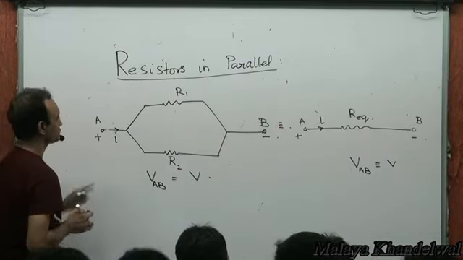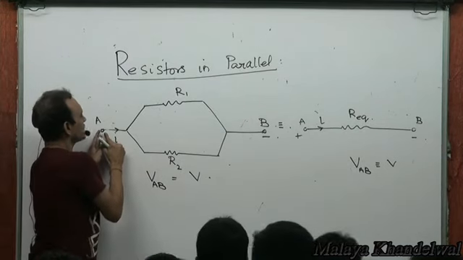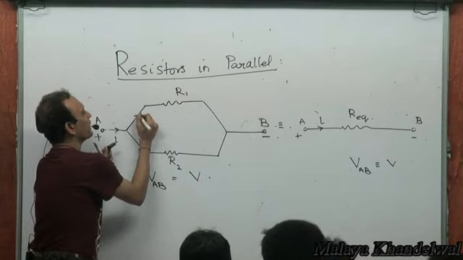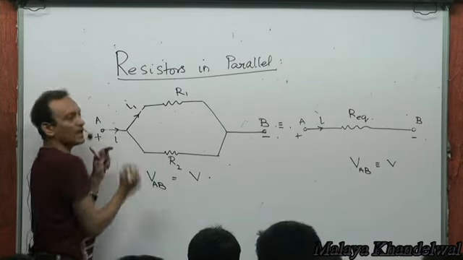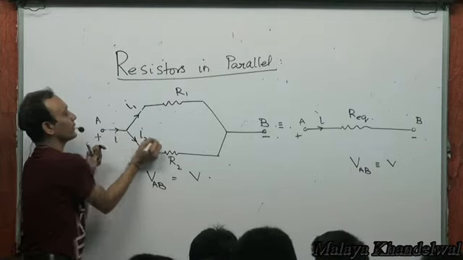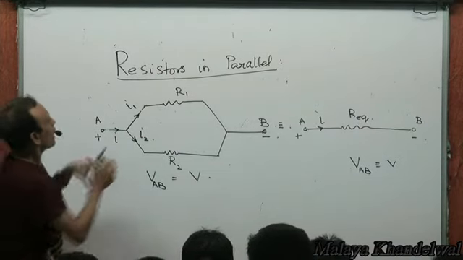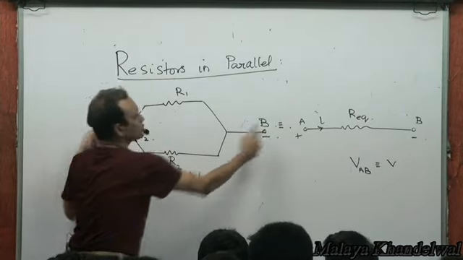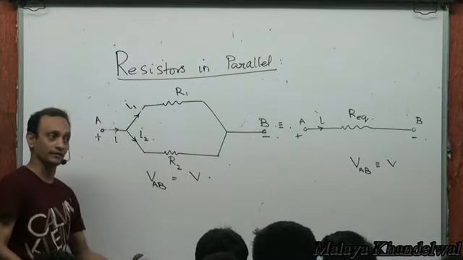Now, look at this. There is a current I coming from the battery. At this point, it gets bifurcated. This is I1 and it goes as I2 here, right? Now, R1 is connected to the same terminals of the battery. R2 is also connected to the same terminals of the battery, right?